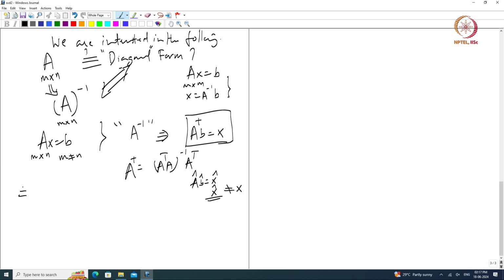So, again this diagonalizability here, for a square matrix A, was related to the eigen decomposition lambda I xi.